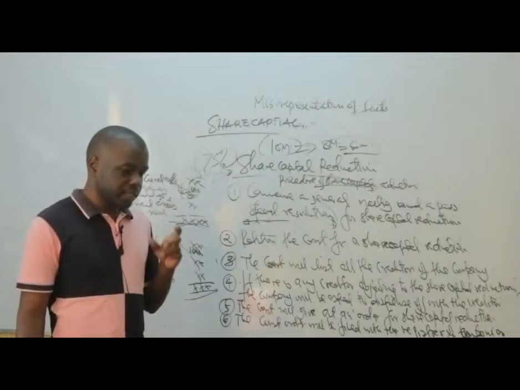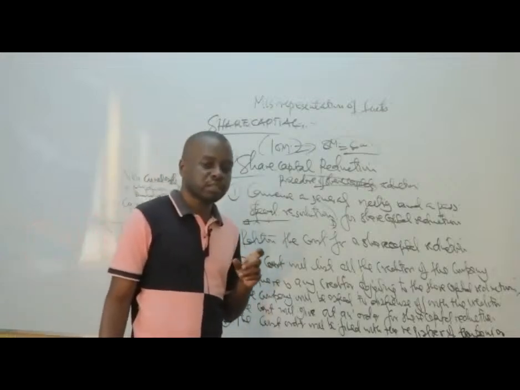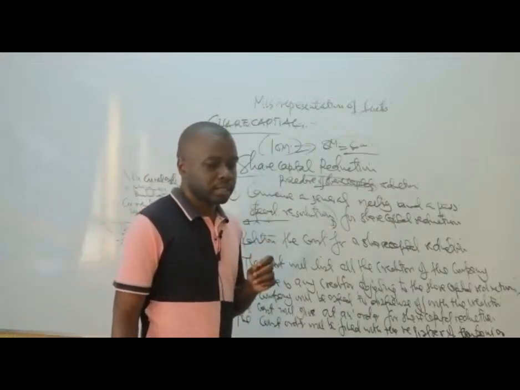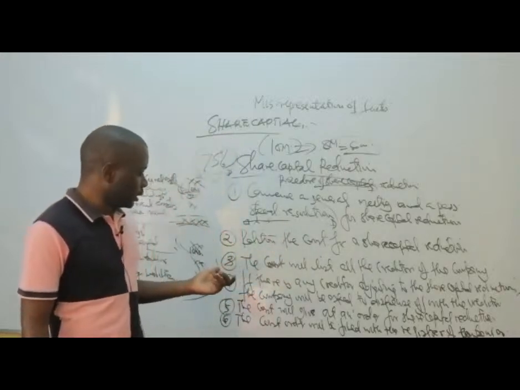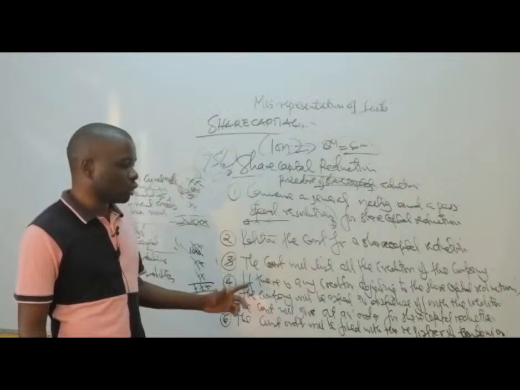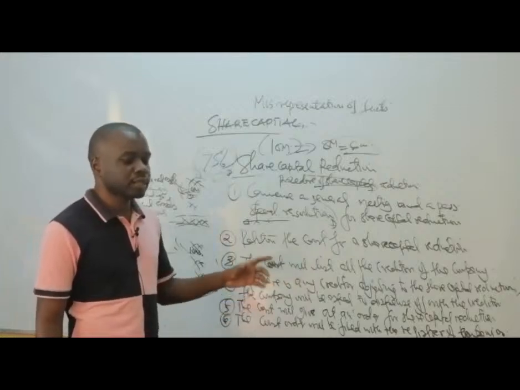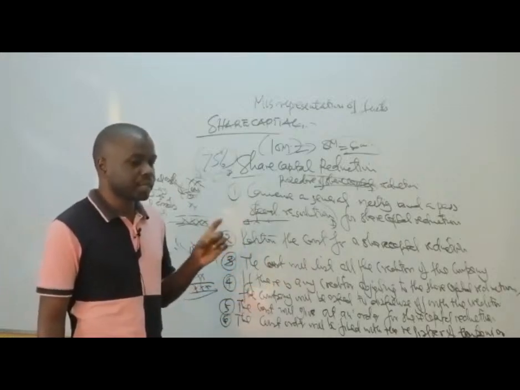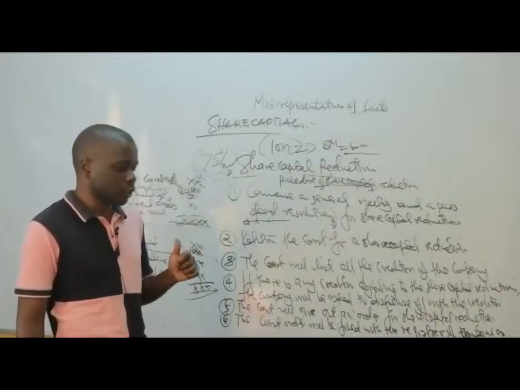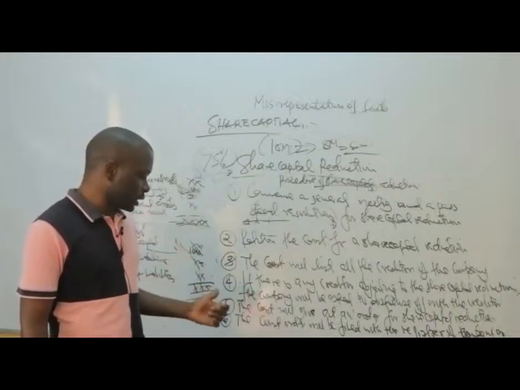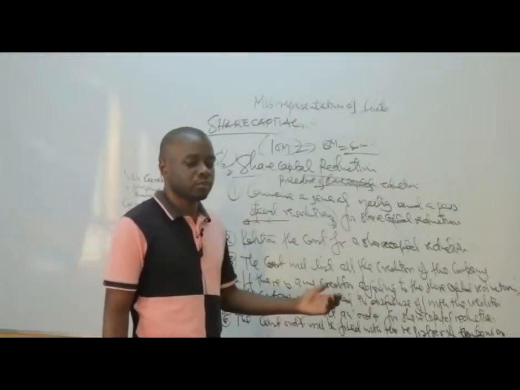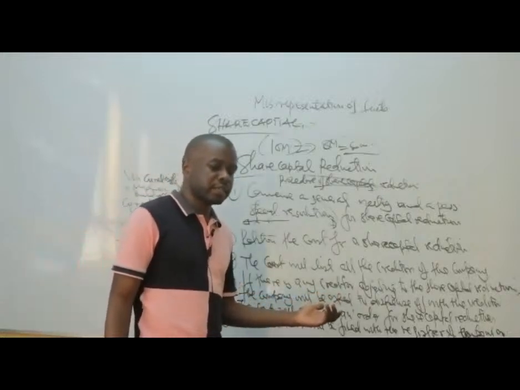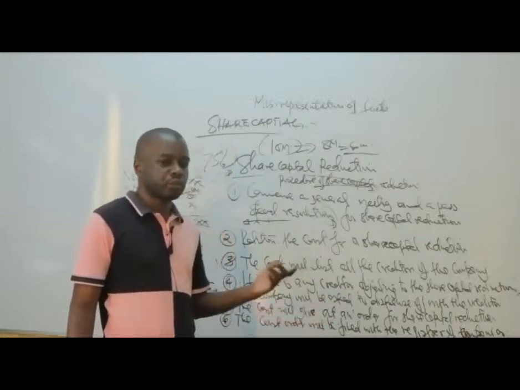And if there is any creditor who is objecting, doesn't want the share capital reduction to happen, they'll ask the company to dispense off or pay off the creditor. Then the court will give out an order of share capital reduction once the company has dispensed off with any creditor who is objecting. Then the company will file that court order with the registrar of companies as evidence that they have been allowed to do a share capital reduction.